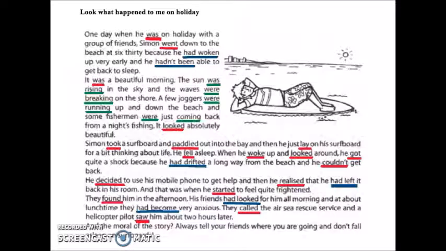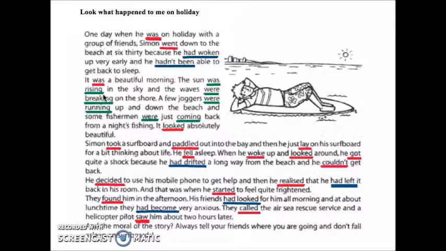Because these things here, they were all going on when Simon came to the beach. So it was not like Simon came to the beach and plop, the sun rose. No, the sun actually started rising before Simon came to the beach. And it was still on the rise, it was still in the process of rising when Simon came to the beach.